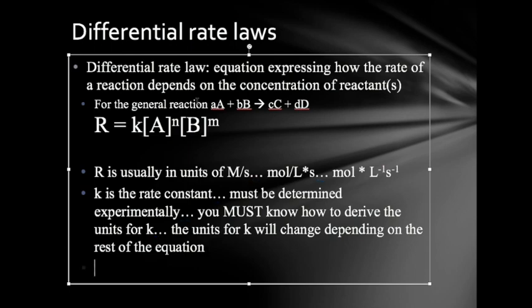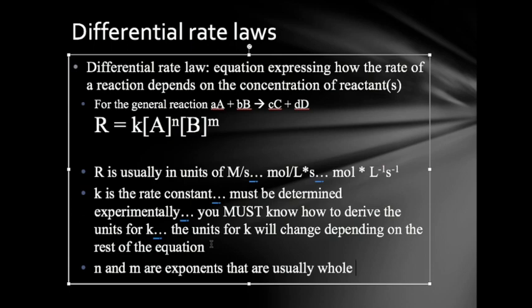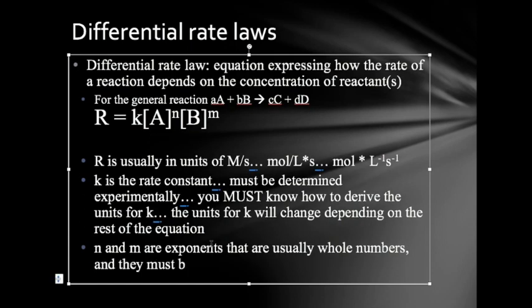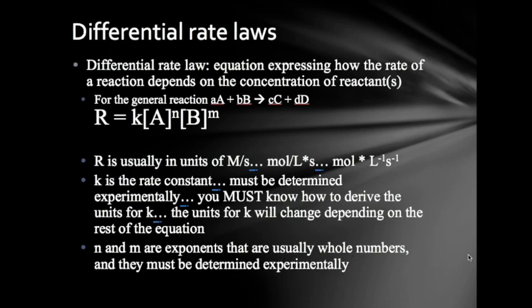Now let's talk about those exponents, little n and little m. They are usually small whole numbers like 1, 2, or 3. And they must be determined experimentally as well. Listen, here's a mistake a lot of people make.